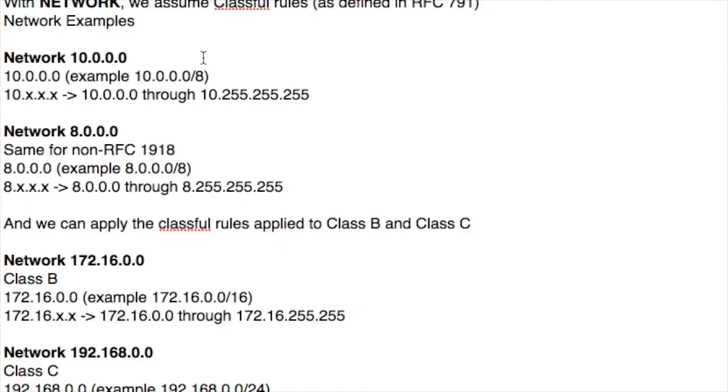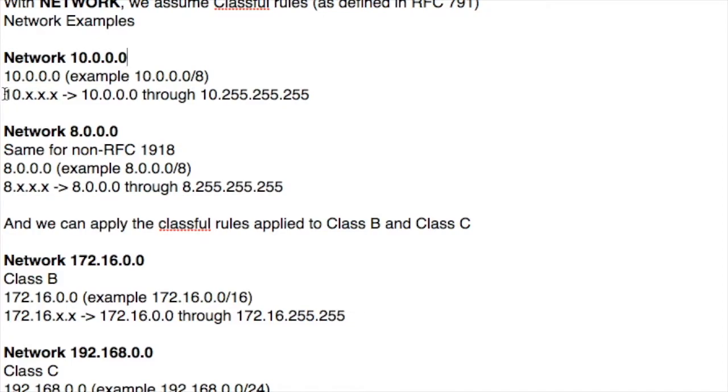The classical rules, we define those in RFC 791, and we have class A, class B, class C. Network 10.0.0.0 is an example of a class A network address. It happens to be an RFC 1918 address, but that's really irrelevant for the sake of conversation. But when we see that without any subnet mask, we assume that /8 subnet mask, or 255.0.0.0, depending on how you write your subnet mask.